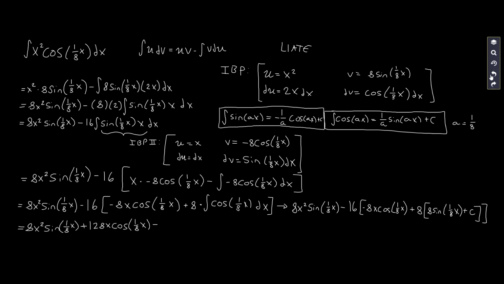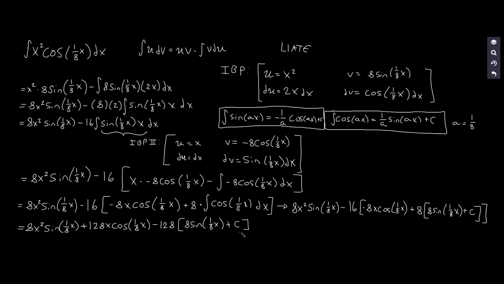Okay, so it's going to be negative 128. And then I'm going to put this here, times 8 sine of 1 over 8 times x plus c.